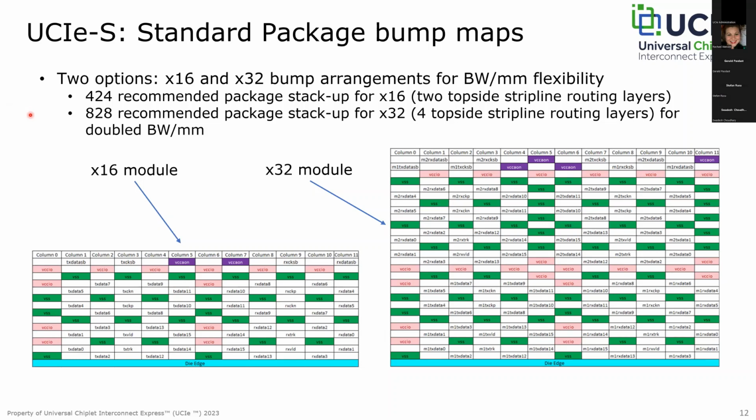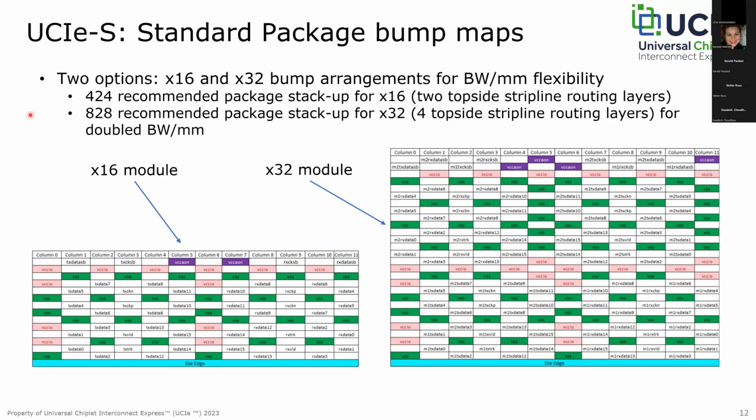For the single stack, you require a 4-2-4 type of package stackup in order to support that. You need 2 routing layers for that, 2 stripline topside routing layers. And for the stacked or the x32 module, an 8-2-8 type of package stackup is required. So 4 routing layers.